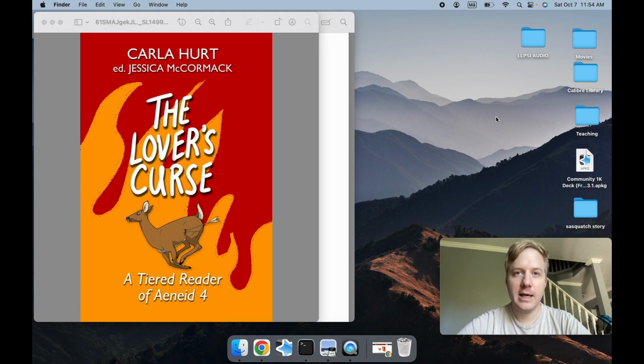The Aeneid is the epic adventure, the epic story of Aeneas, who escapes from Troy during the Trojan War. It's about him sailing around and trying to find a new location for a new Troy, which of course is going to eventually be the new city of Rome. The Aeneid is a long poem separated into different books, and The Lover's Curse is focused specifically on book 4, which is about the relationship between Aeneas and Dido, who is the queen of Carthage during this part of the story.